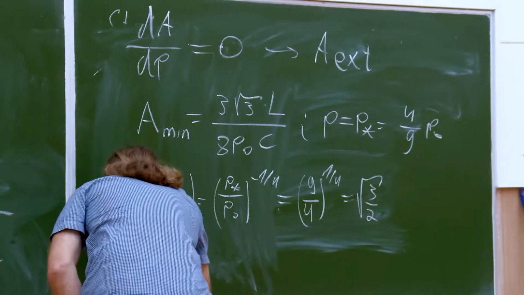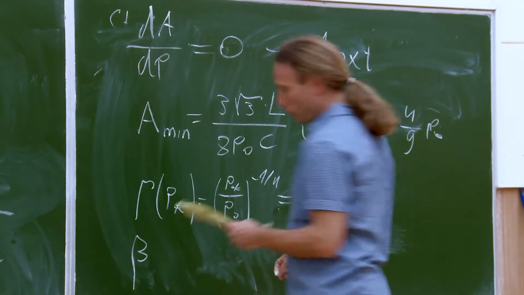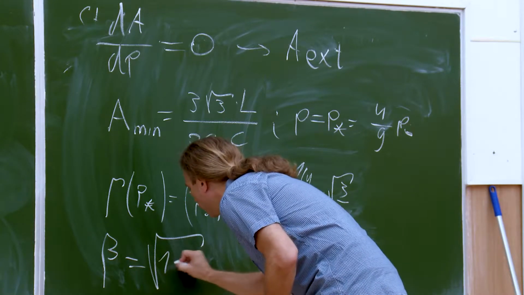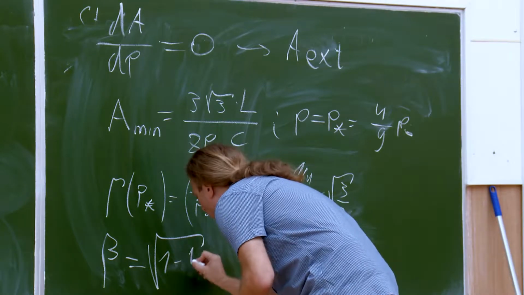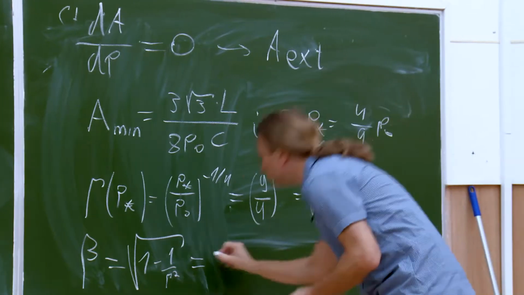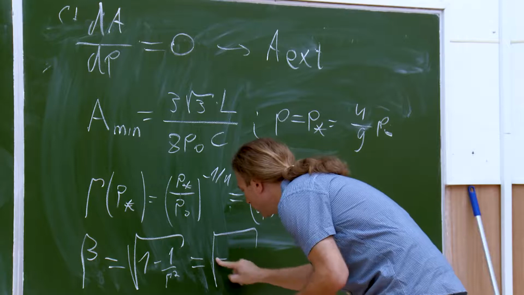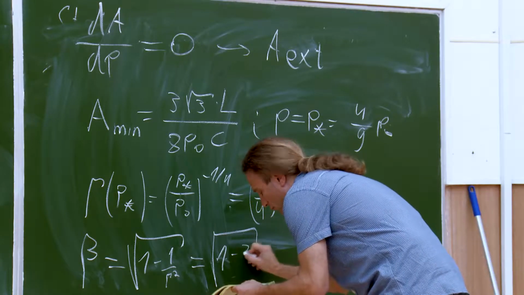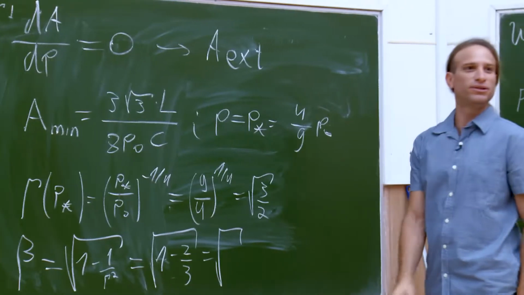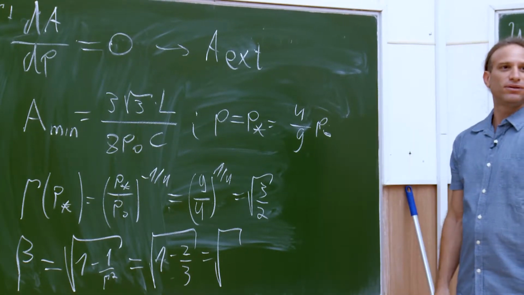Let's see, I don't know gamma, so let's work in the language of beta. Beta is equal to the square root of 1 divided by 1 minus gamma squared. This is equal to the square root of 1 minus 2/3, which is the square root of 1/3.